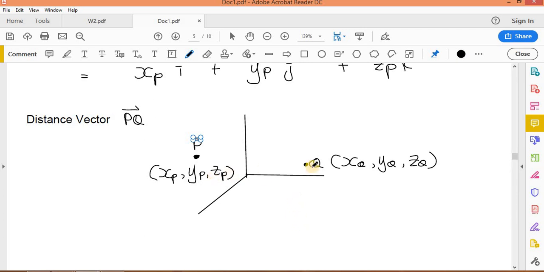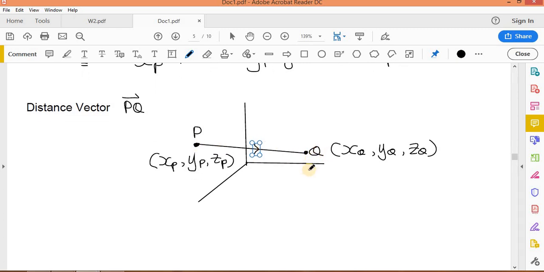So these are the coordinates. The distance vector is actually a vector linking these 2 points. If it is PQ, it means the vector is oriented from P to Q. You have to remember PQ means P to Q.